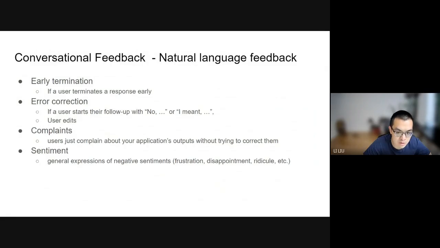On the language feedback, in a chatbot application, there are lots of signals. The first is early termination, if the user terminates the response early, or if the user corrects the previous answer, which I feel I use a lot when using GitHub Copilot, when the response does not understand what I want it to do, and then I will clarify that no, I mean something else.